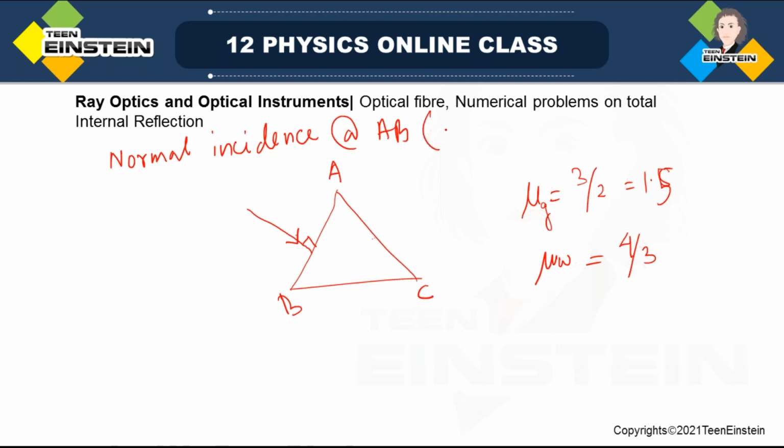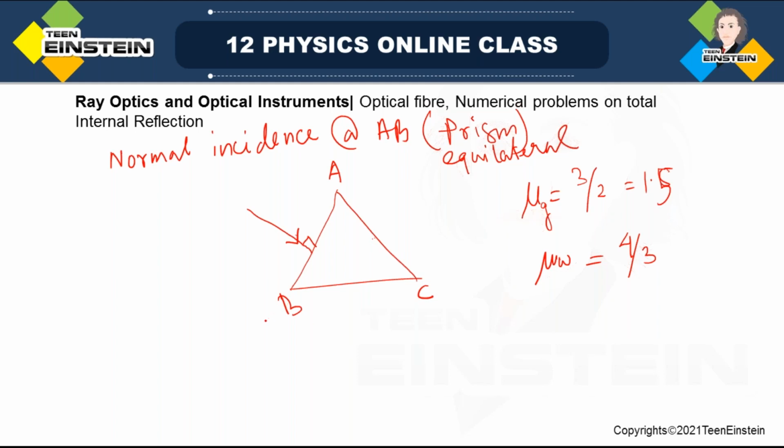So there is an equilateral prism which is given here in the figure ABC. On the AB surface, the refracting surface, a light ray comes and falls normally, and then after refraction from here, it will go and hit over here. After hitting here, whether the light will undergo total internal reflection. So this is the question.